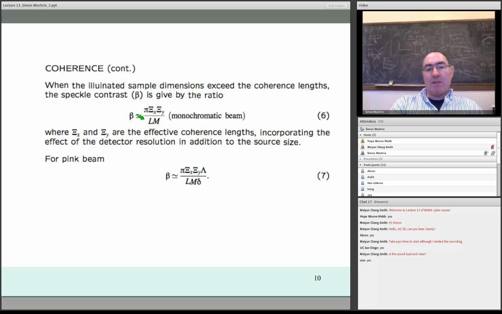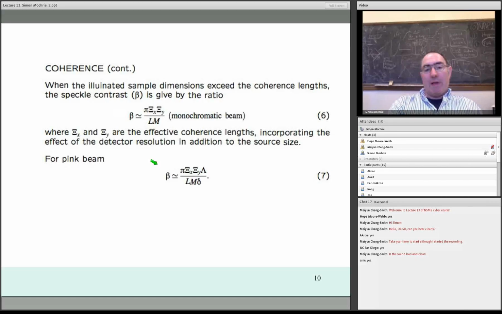L and M are the dimensions of the beam on the sample, so that's the area of the sample that's illuminated, and pi times sigma x and sigma y are the effective coherence lengths in the x and y directions. So this speckle contrast is just the ratio of these two areas.